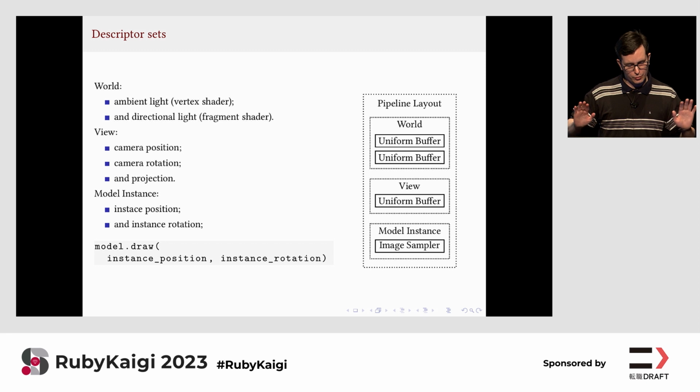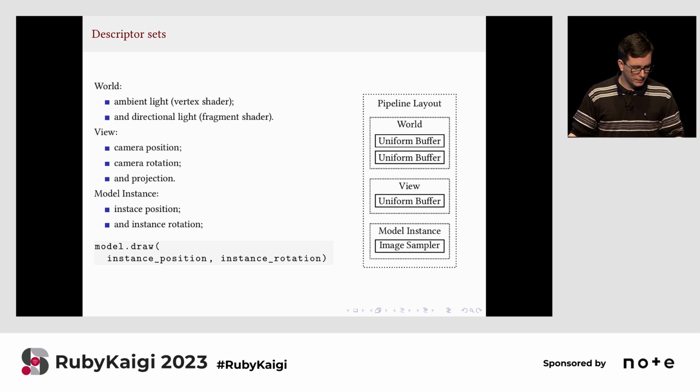Or you can have a very wide projection like in fish eye cameras. And model instances: as I said, you can have several different objects in the same place, so for each object you are going to render, you need one instance, and you send a different instance to the common buffers.